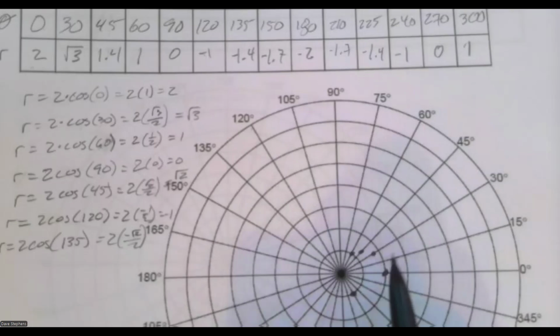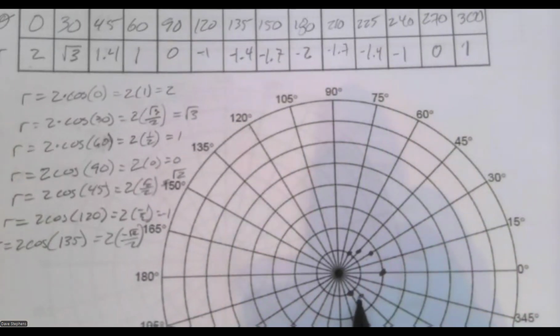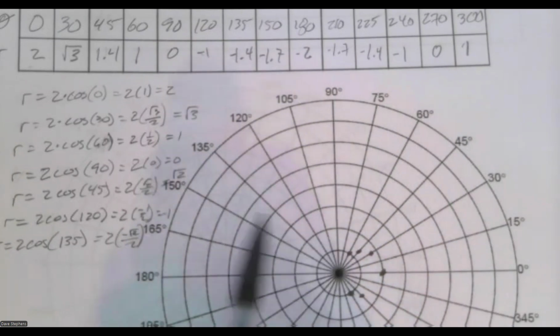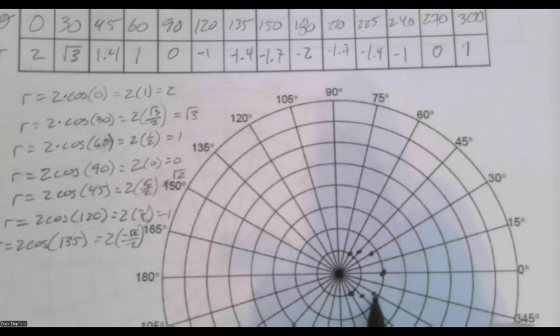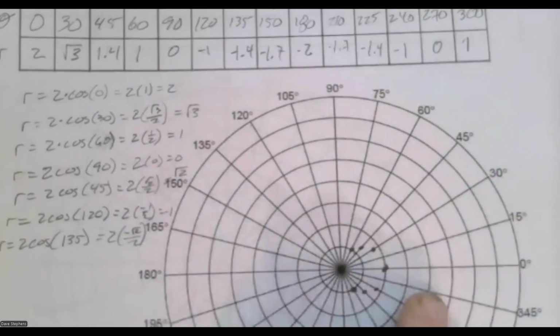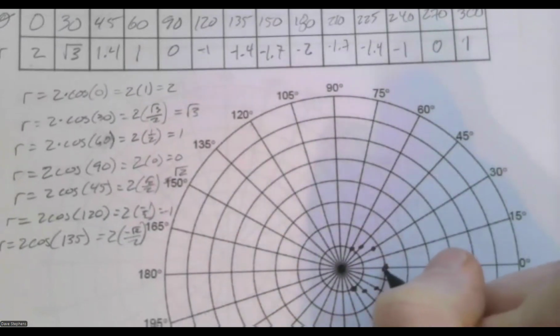At 135, I go a distance of negative root 2 or negative 1.4 here. At 150, I go a negative 1.7. That's a little bit closer to 2 there. And then at 180, I go a distance of negative 2. And I'm here.